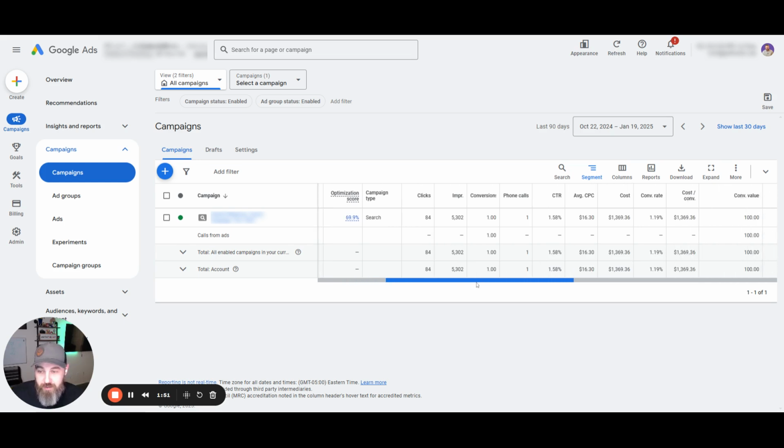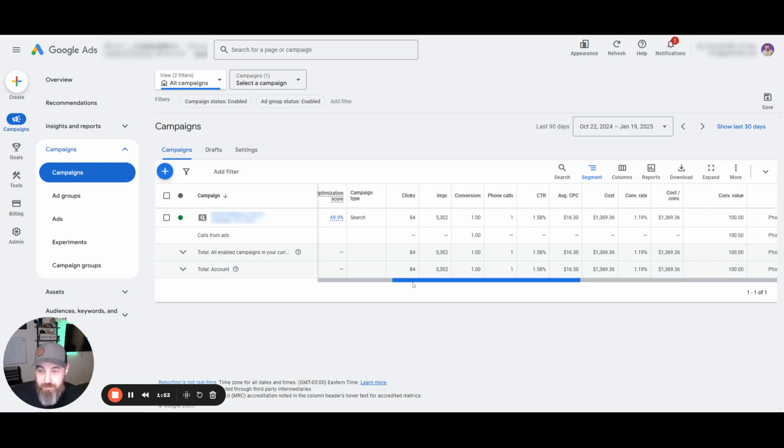Some of the other things I'll go to right away after seeing what conversions look like is click-through rate. So, just at first glance, this is a very low click through rate for an industry where it should be a little bit higher. One, because typically costs in plumbing and HVAC are going to be pretty expensive, which you can see right here. Average CPC is going to be about $16.